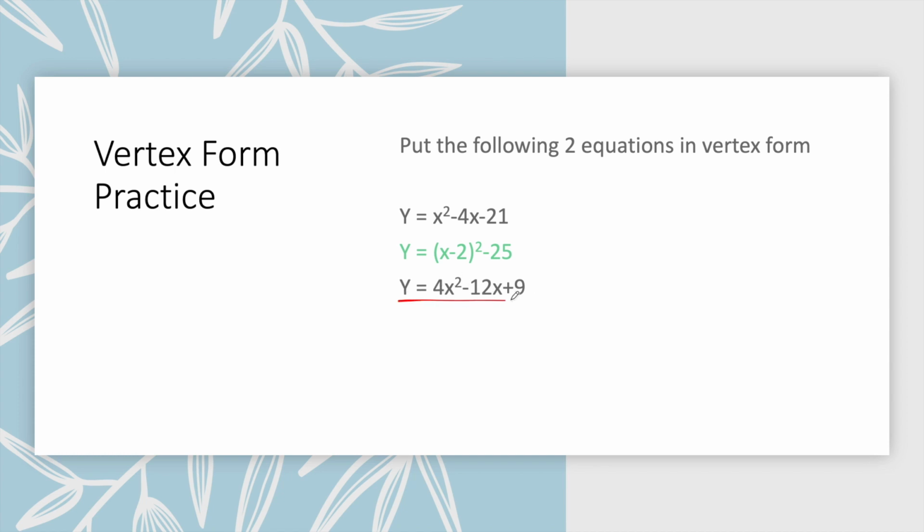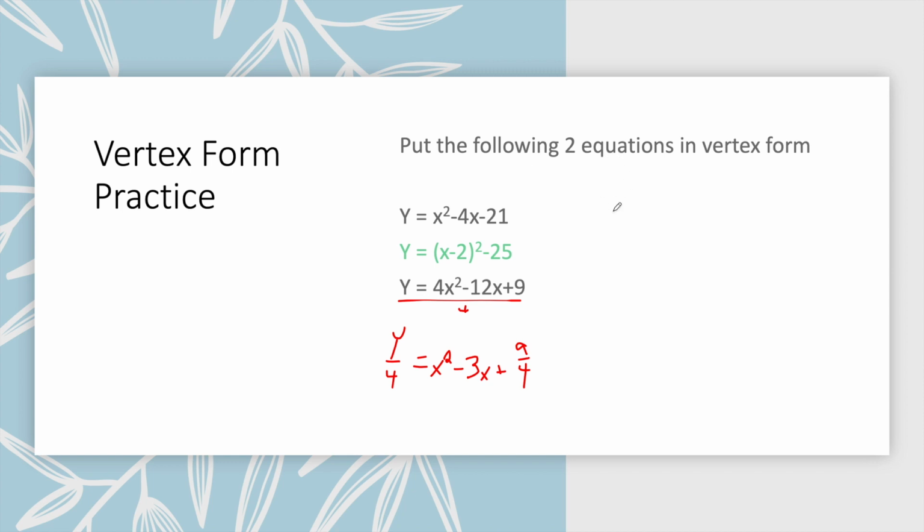So dividing this all by 4, we have y over 4 is equal to x squared minus 3x plus 9 over 4. Next thing we want to do is to go ahead and complete the square.